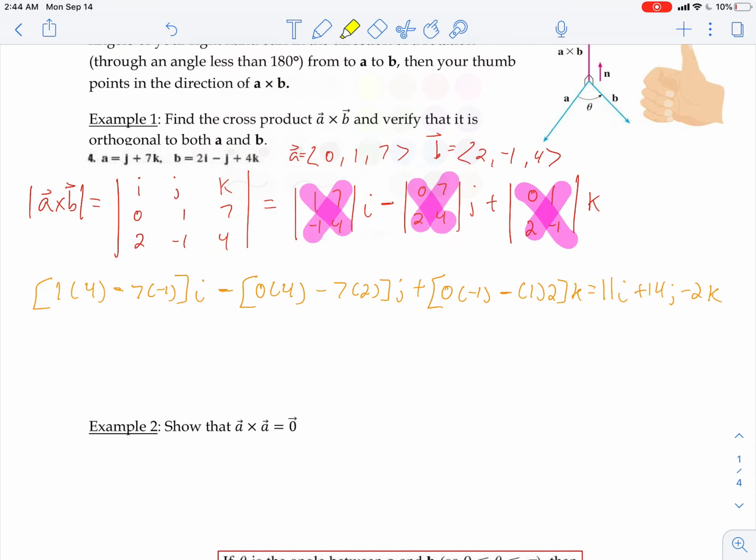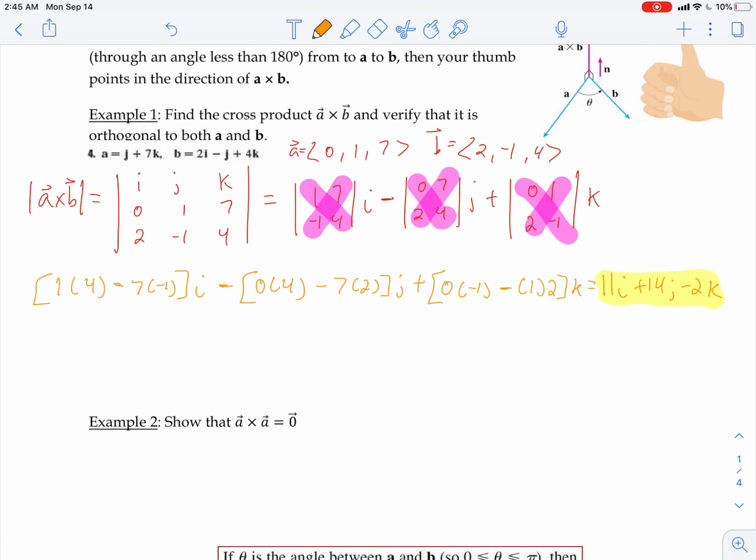All right, and so there's my cross product. And then what I want to do is verify that it is orthogonal to A and B. And maybe you can remember from last class how to make sure that something's orthogonal. All you're going to do is take the dot product of the two.